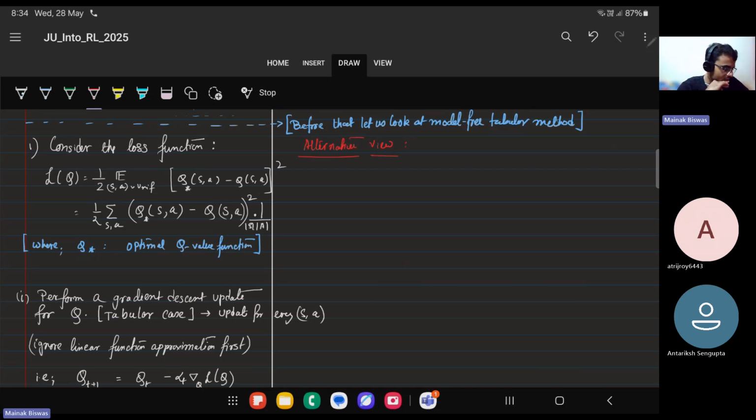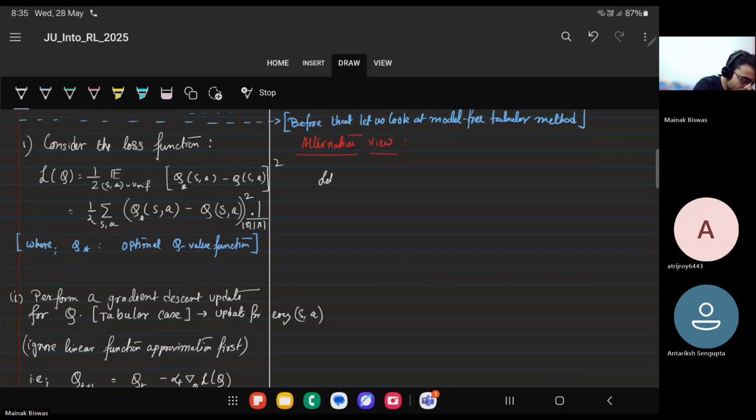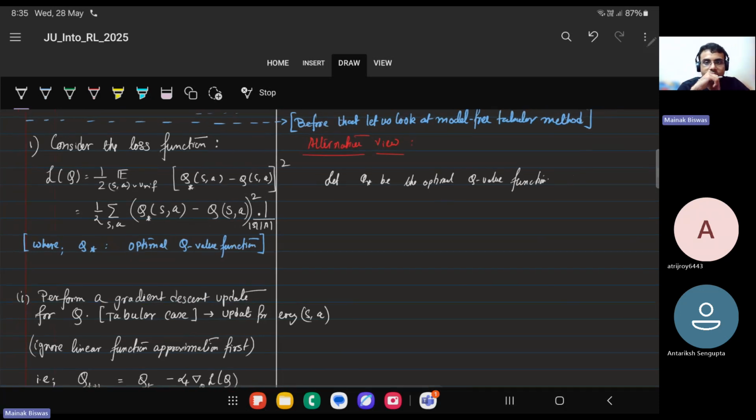So for a loss function Q, let Q star be the optimal Q value function. Say state and action are finite.